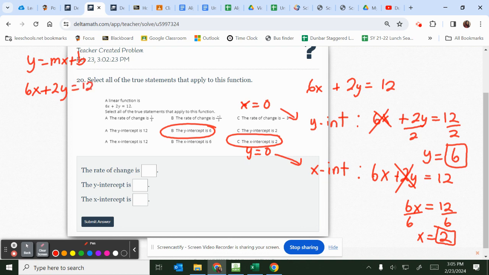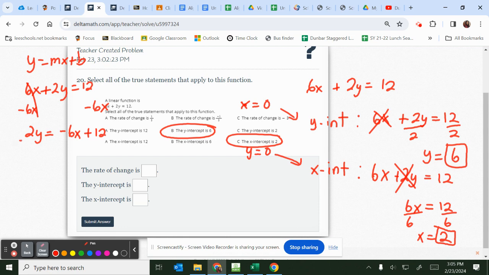To move the positive 6x to the other side, I would subtract 6x on both sides. This gets cancelled and we have 2y equals, can I subtract negative 6x from 12? No, because they're not like terms. But I'm going to rewrite it as a negative 6x and a positive 12.